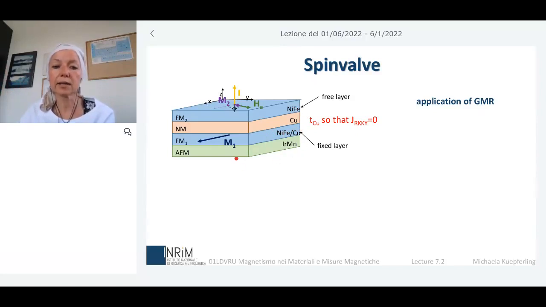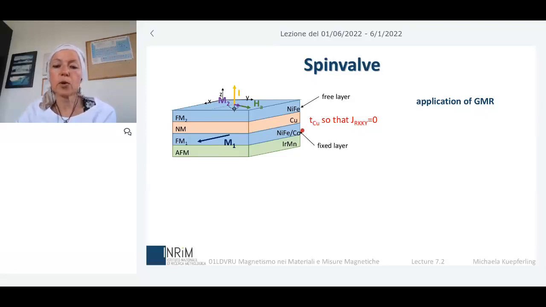Why? Because your electrons will move through the fixed layer. They will get polarized. But the point is that the free layer has to be free to orient with the magnetic field that we want to measure. Because otherwise, if it would always point in the direction of the field, then you could not measure easily an additional magnetic field that is applied from outside.